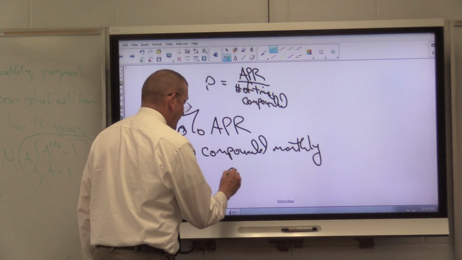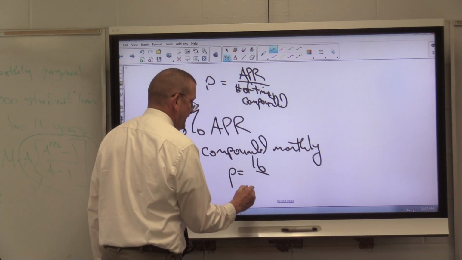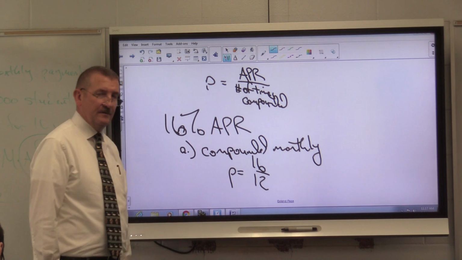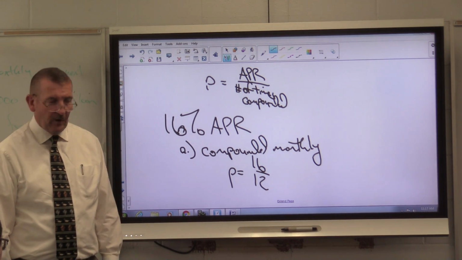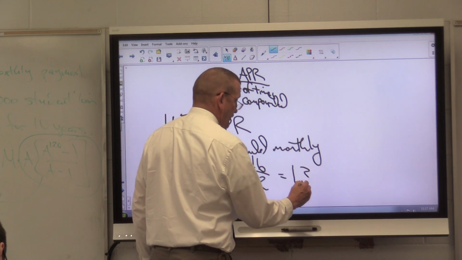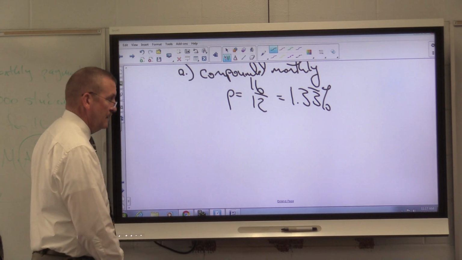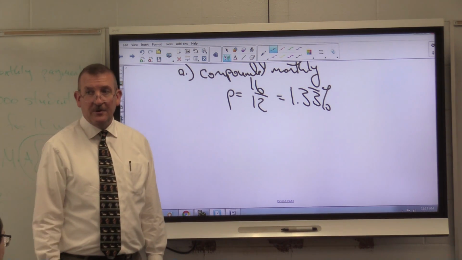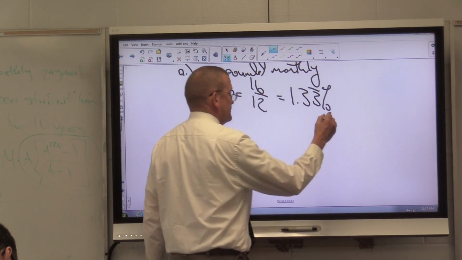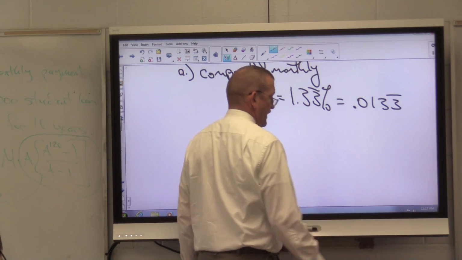So my periodic interest rate would be 16% divided by 12. Well, 16 divided by 12 is 1.33 repeating percent. 1.33 repeating as a decimal is 0.0133 repeating, correct?